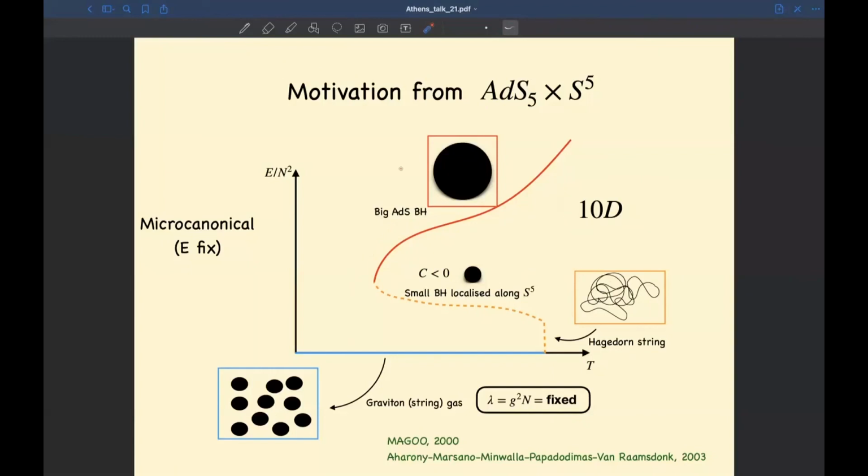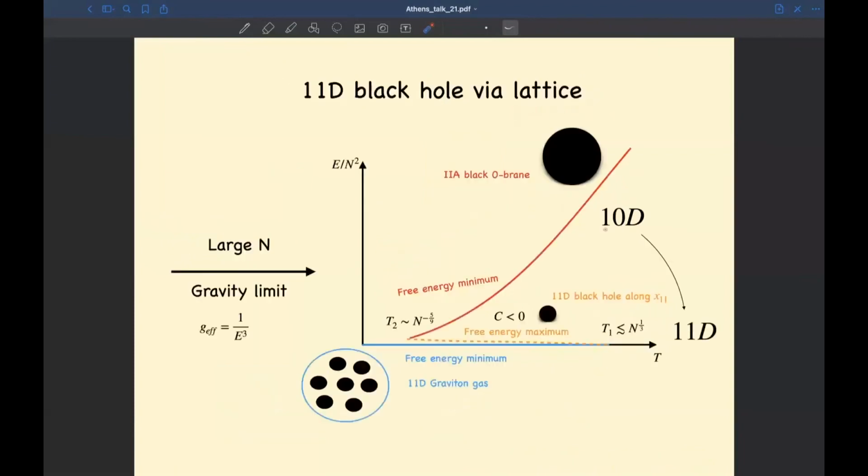So having built some intuition from this AdS5 times S5 case, now I want to show what we would expect for the D0 case. This is the graph from two slides ago, where I want to claim that this free energy minimum, the confined phase, could correspond to a graviton gas, but in this case an 11-dimensional graviton gas.